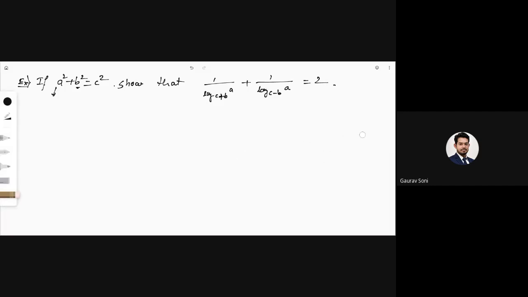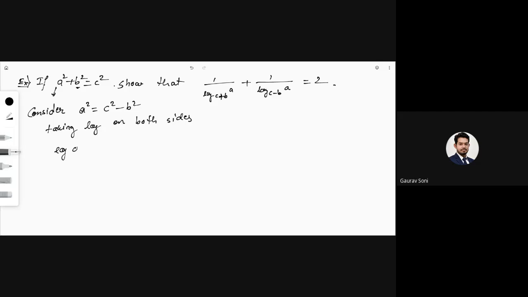So consider a square is equal to c square minus b square. Now taking log on both sides: log of a square is equal to log of (c square minus b square).